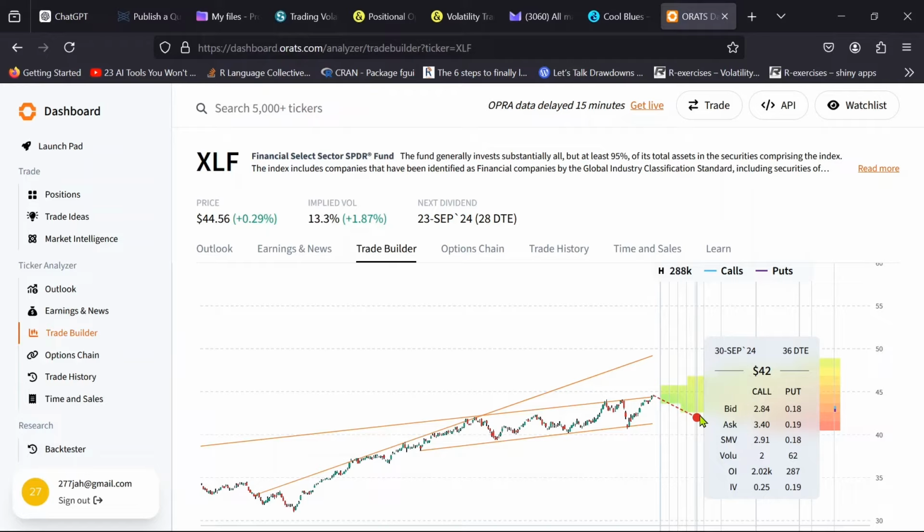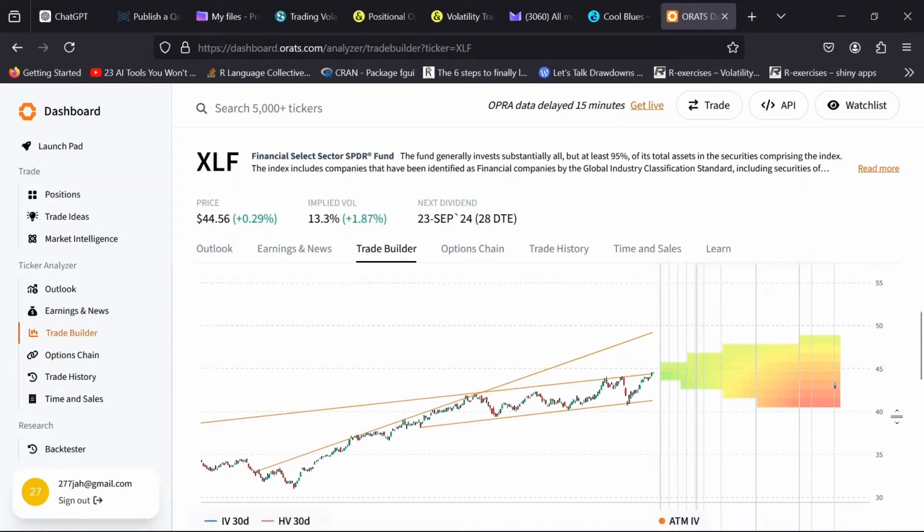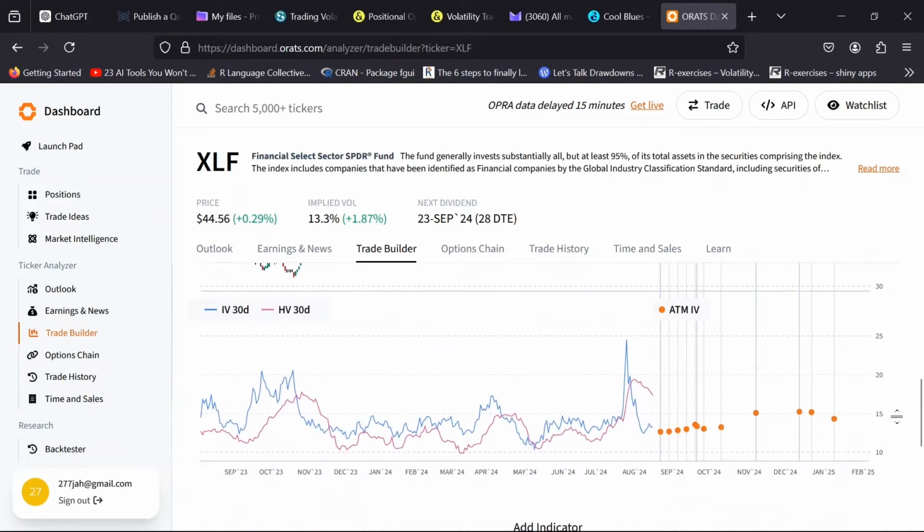So a 42 put, $2 off the pace, is 18 cents. Really, it's not worth investing in. The call is probably all right to actually buy, if you want to go long.